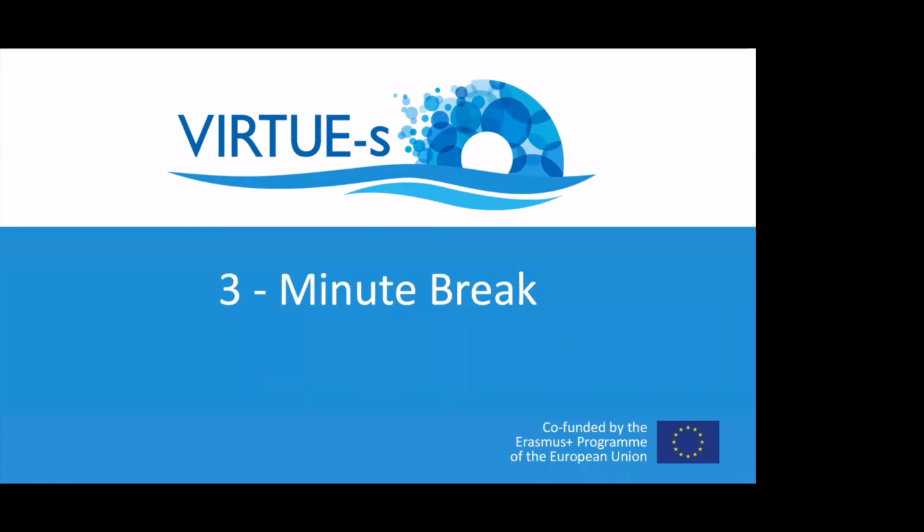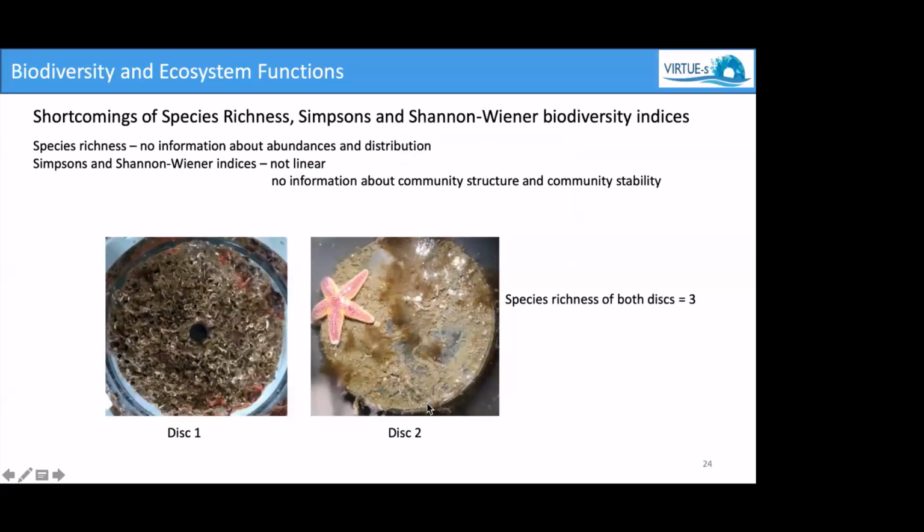Okay, so we have talked a lot about biodiversity, about species richness, and the Simpson and Shannon-Wiener indices of biodiversity. And these are actually really very good indicators of biodiversity. They are still being used now in ecology and in research, but these, of course, have also their shortcomings.